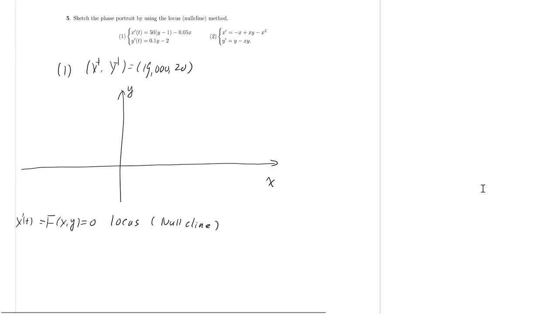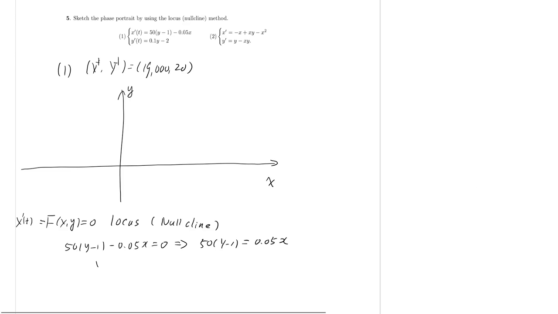So let's look at what kind of curve this is. Usually it's a curve, but here we have a straight line. 50y minus 1 minus 0.05x is equal to 0. We want to see how it looks. So we have 50y minus 1 is equal to 0.05x.